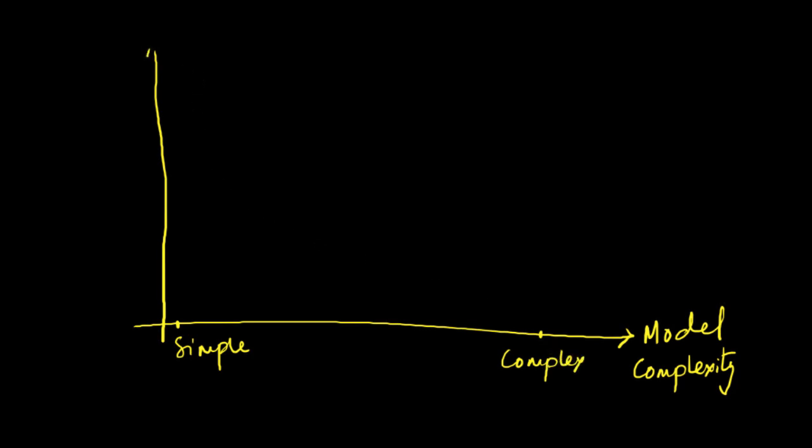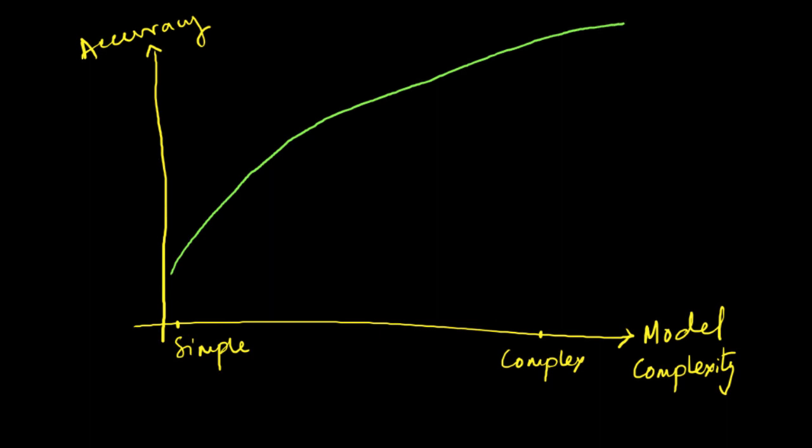And let's say on the y-axis, you have your accuracy. Now for your training data, as you increase the complexity of your model, the training accuracy will generally go on increasing. There may be some very rare instances where the training accuracy decreases with model complexity, but generally your training accuracy will increase with increase of model complexity.